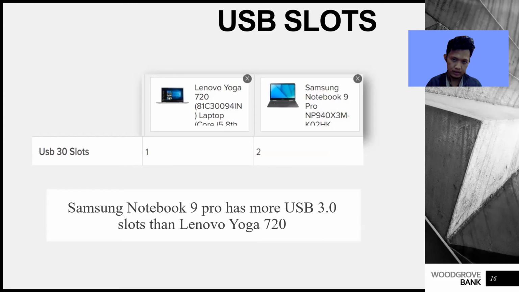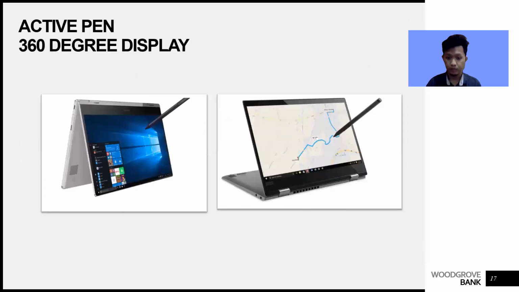And then the next is USB slots. It's like a hole to input the USB drive. Lenovo Yoga 720 has one USB slot, and Samsung has two USB slots. So Samsung Notebook 9 Pro has more USB 3.0 slots than Lenovo Yoga.